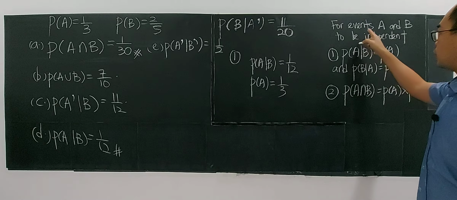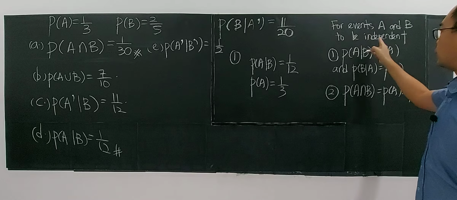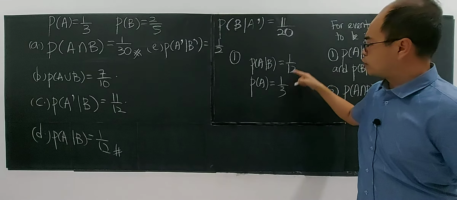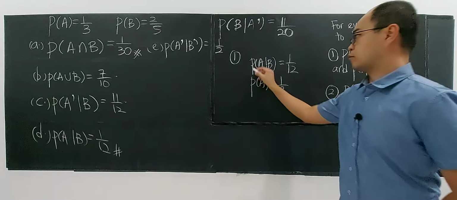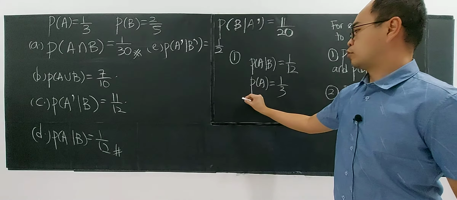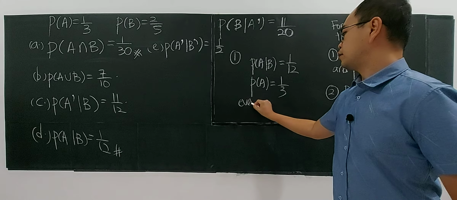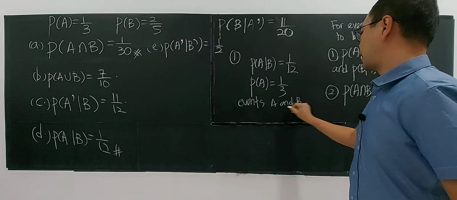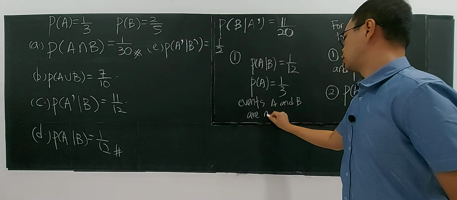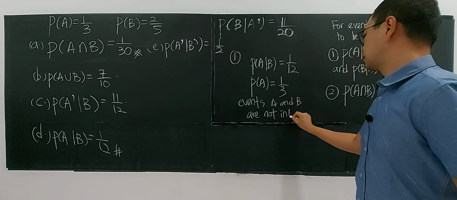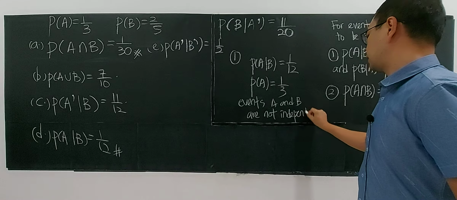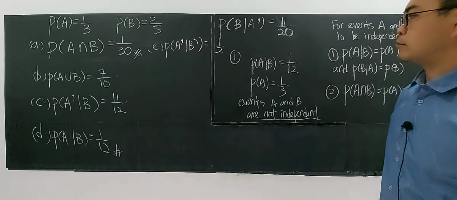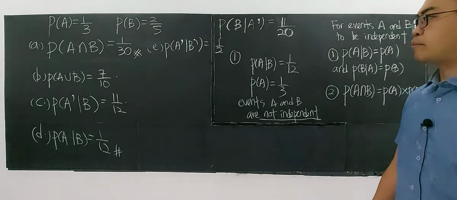Because for events A and B to be independent, the probability of A given B must be equal to the probability of A. These two values are not equal. So with this we have shown that events A and B are not independent, or we can replace this with the word dependent. Events A and B are dependent.